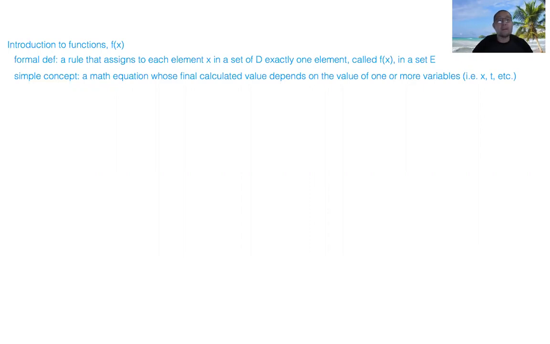We're going to break it down into a simpler definition, and we're going to think about a function in terms of a math equation whose final calculated value depends on the value of one or more variables. So let's explore that definition a little bit more. Whenever you see a function, it will generally show up in this form.